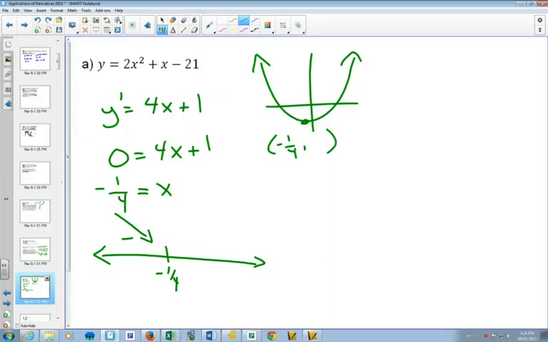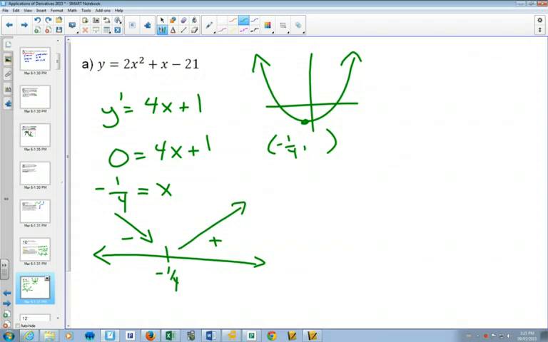We see that before negative 1/4, since our derivatives are all negative, our function must be decreasing, which we can see in the graph. After negative 1/4, if we plug in a number like 5 into our derivative, 4 times 5 plus 1, 21 is a positive number. That means our function is increasing after that.